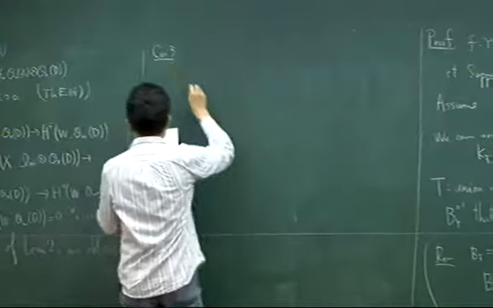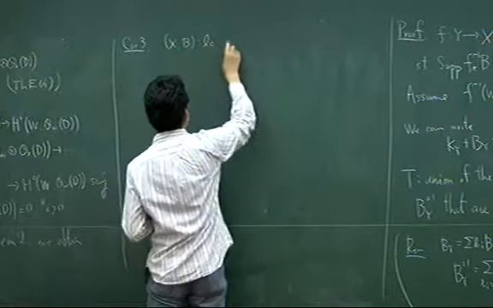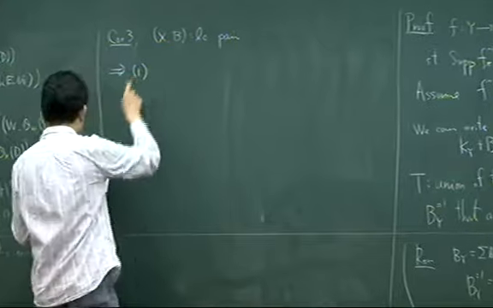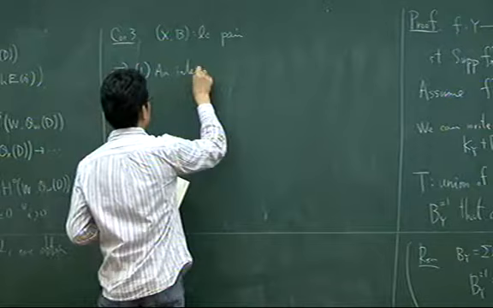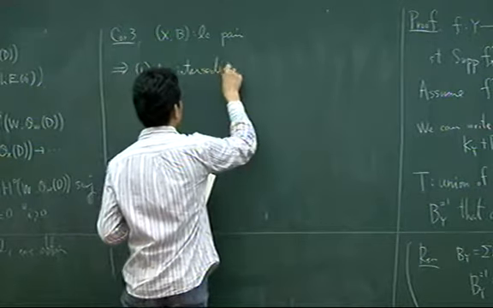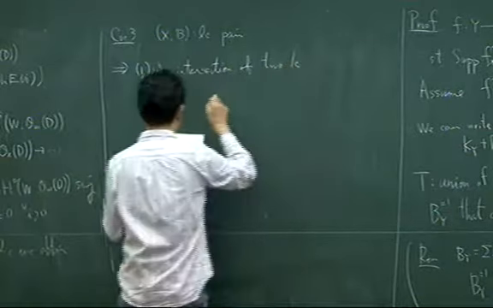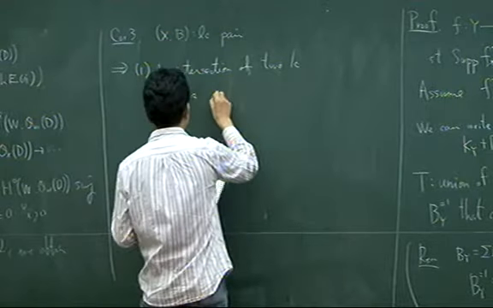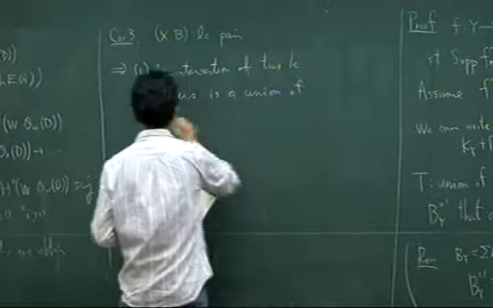Corollary 3. Let X be a log canonical pair, LC pair. Then the following statements hold. First, an intersection of 2 LC centers is a union of LC centers.